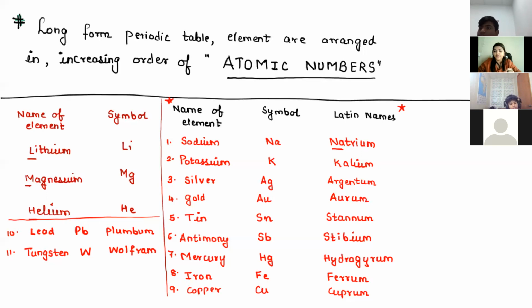If I give you an element whose atomic number is, let's say, 11, then you have to identify what that element is and where it is found in the periodic table. All that correlation of the periodic table with atomic number, we are going to study in our next lecture.